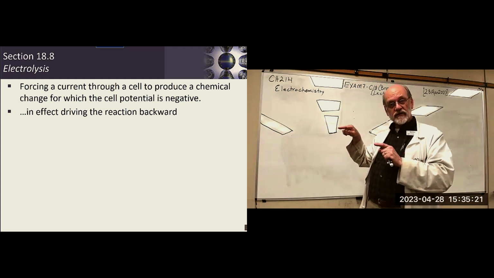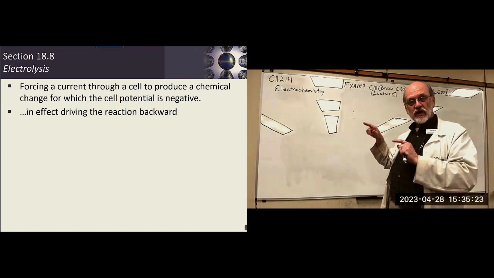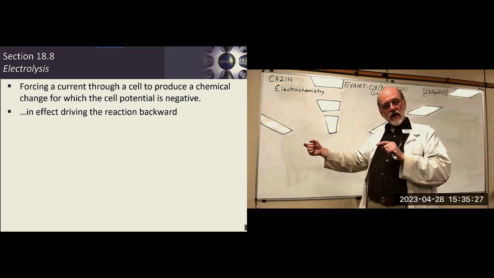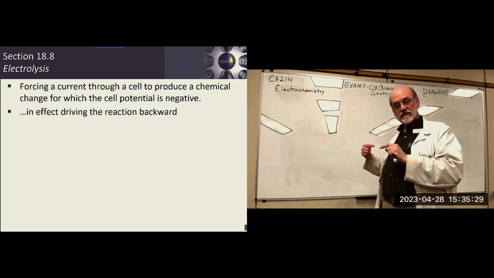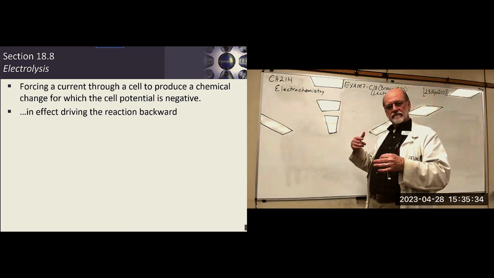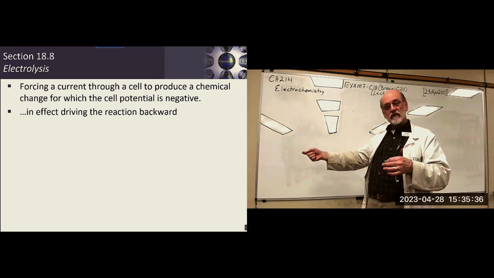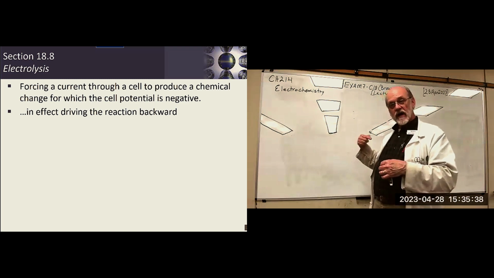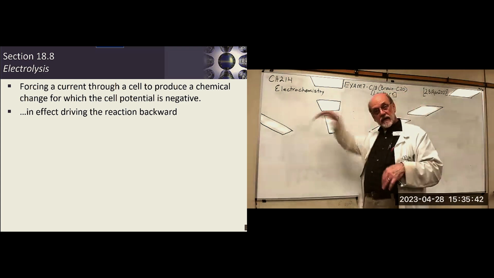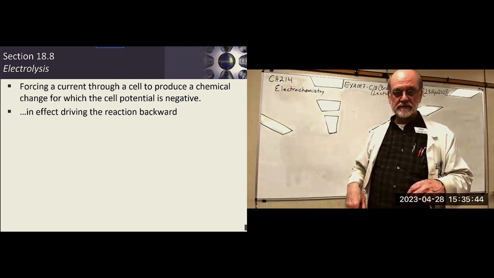All we have to do is apply an external voltage greater than the voltage of the spontaneous cell. So if the cell has a 1 volt potential from the anode to the cathode, all we need to do is apply a reverse voltage greater than 1 volt, and it will drive the reaction backwards.